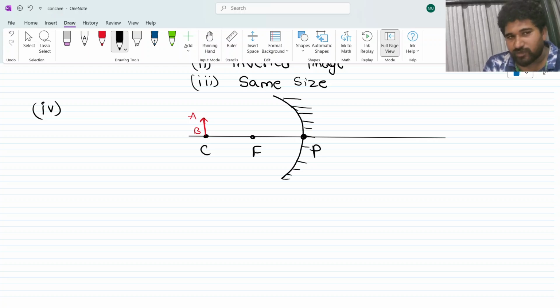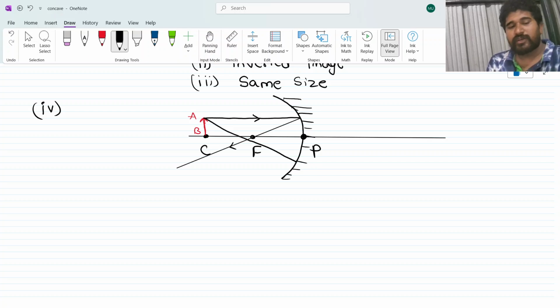So I have to take two incident rays. One is parallel. The second one passes through the focus. Very good.